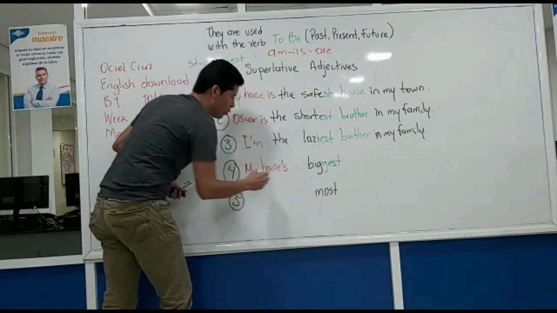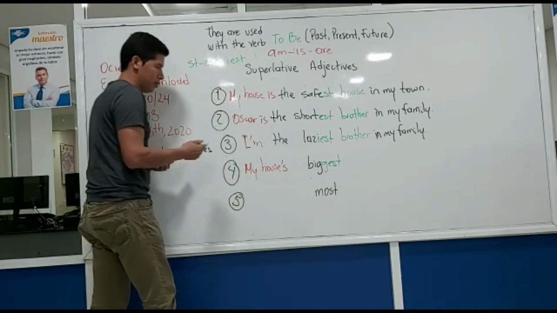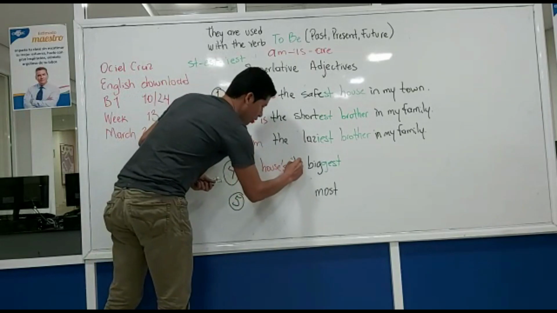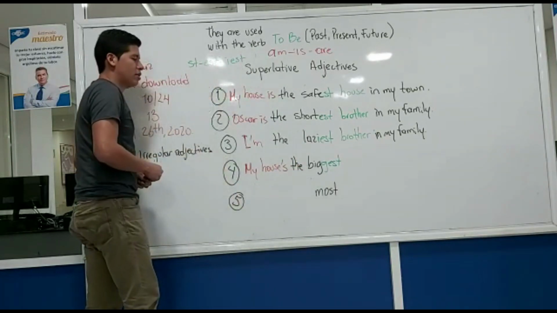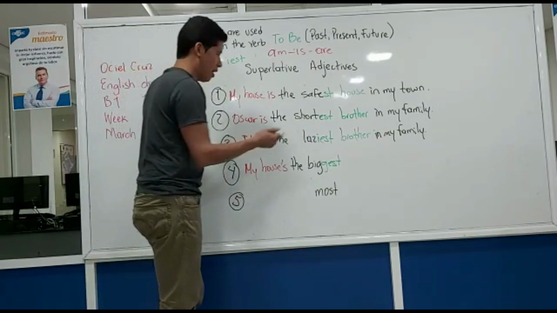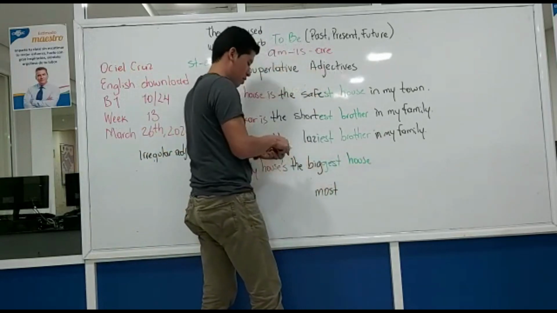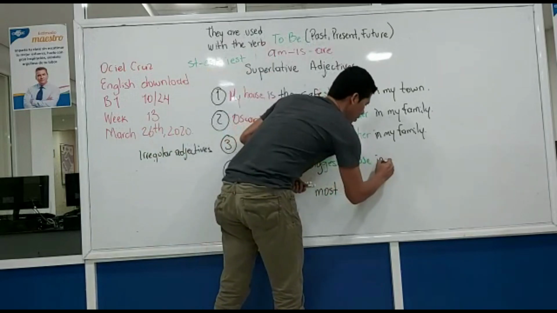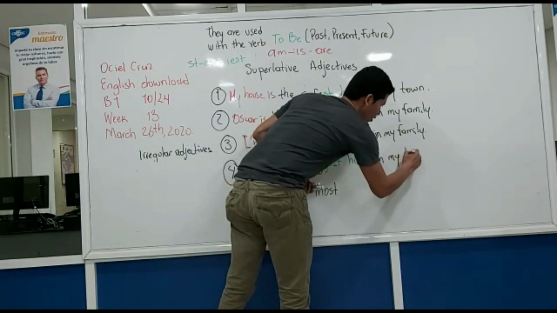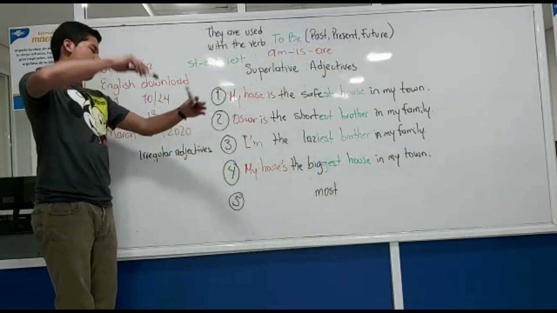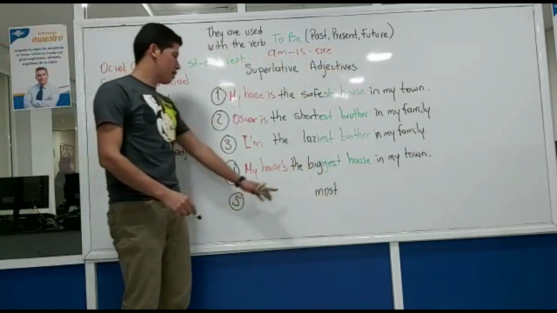Remember, I can use the contraction, my house's, and use the article: my house is the biggest house in my town. Because it's the biggest.